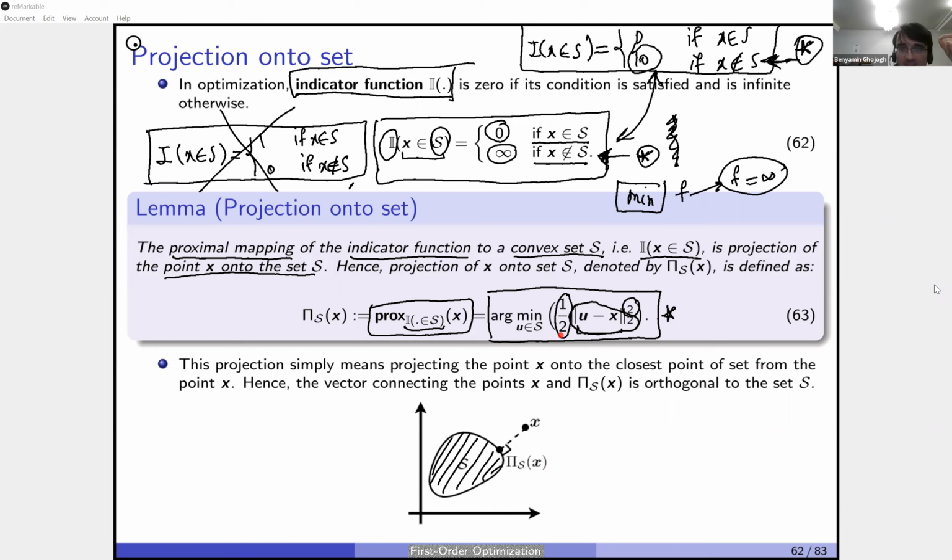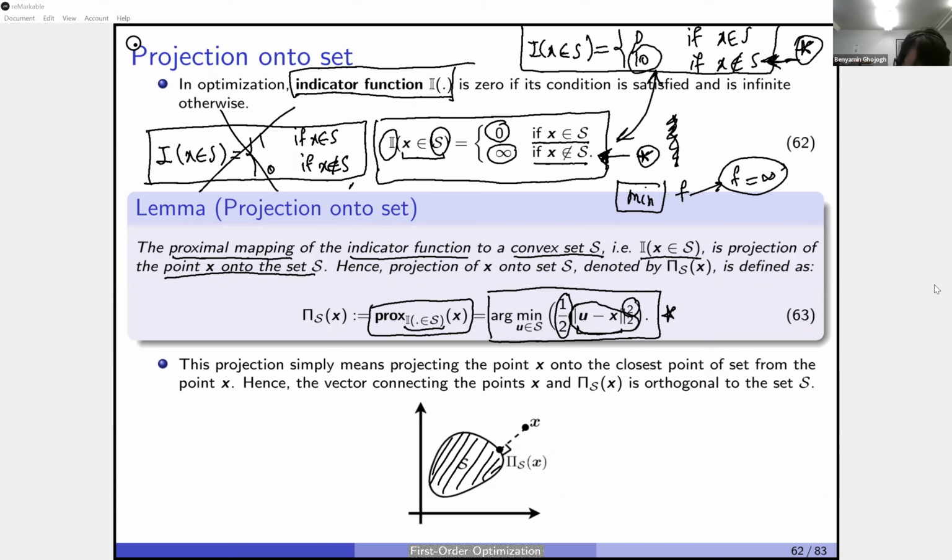So this is saying to minimize the Euclidean distance between U and X. So which point in this set S is closest to the point X? Of course, this point. The sentence I said is the definition of projection. The definition of projection is: find a point U in the set S which is closest to X. So that's why.